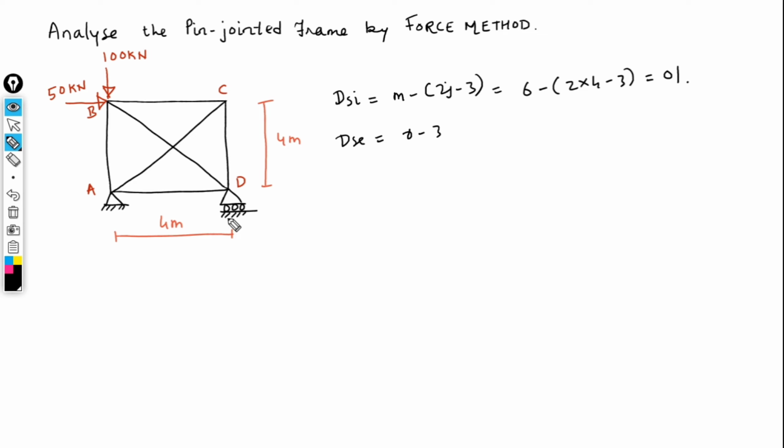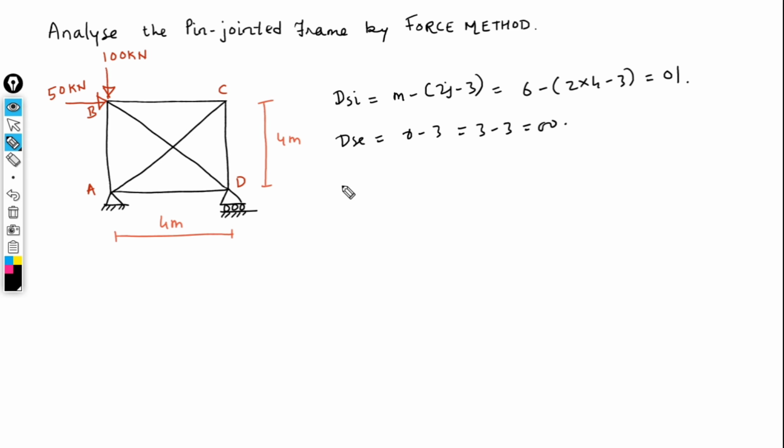Here it will offer a vertical reaction. So the number of reactions here is 3. 3 minus 3 equals 0. So we have only a degree of internal indeterminacy, that is 1 degree. The degree of external indeterminacy is 0.